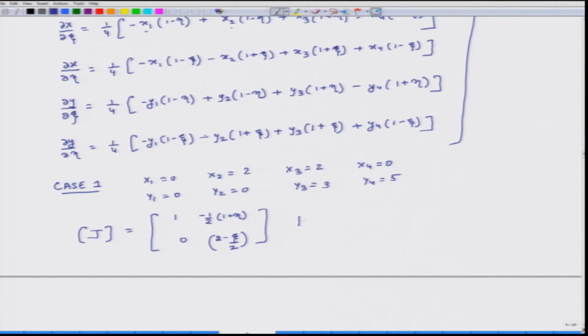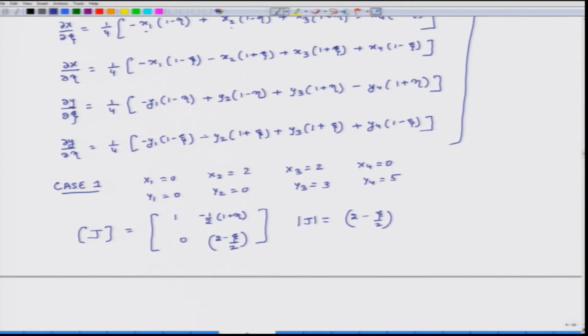So, the determinant of the J matrix is 2 minus zeta by 2. Okay. Is this 2 minus zeta by 2 always more than 0? Yes, because what is the maximum value of zeta possible? 1.